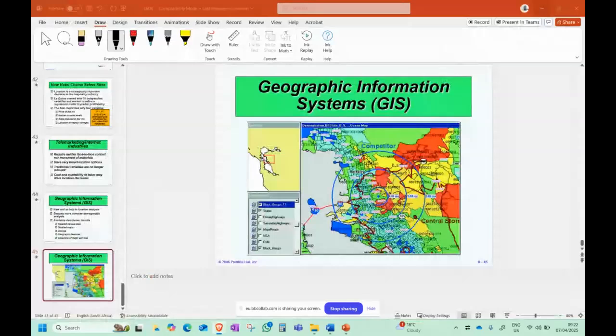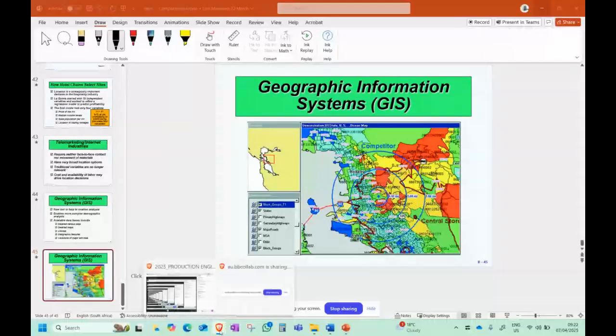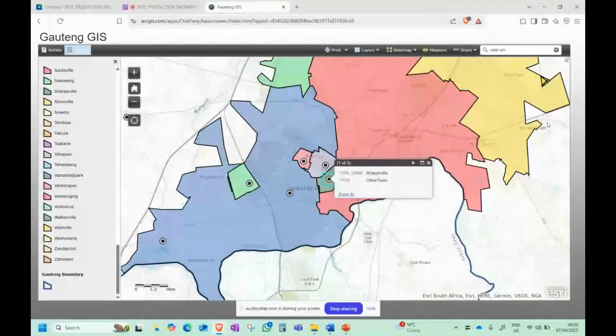So as I said earlier, we're going to cover the GIS system. I've managed to open the website for it. So here's the system.